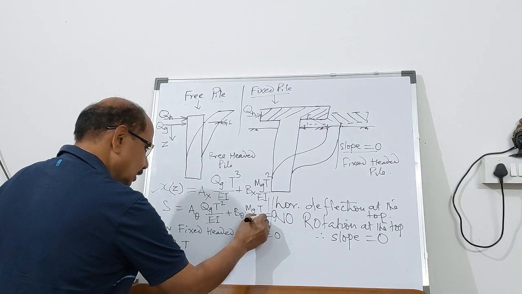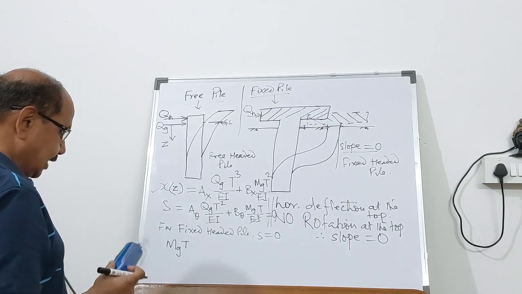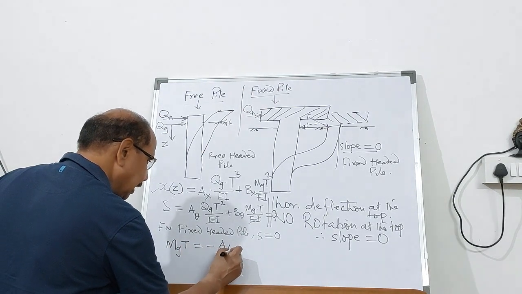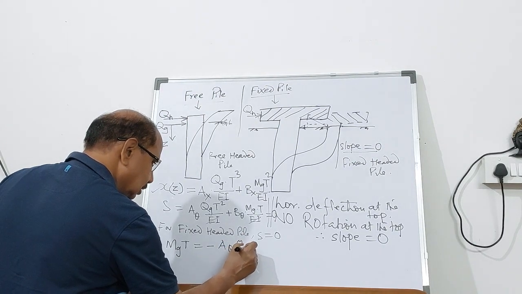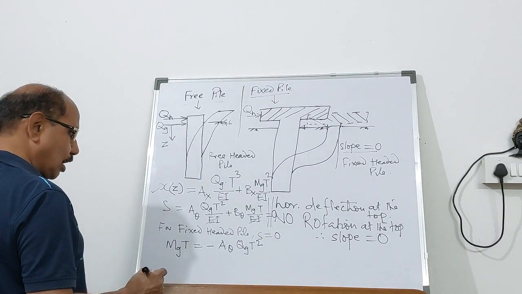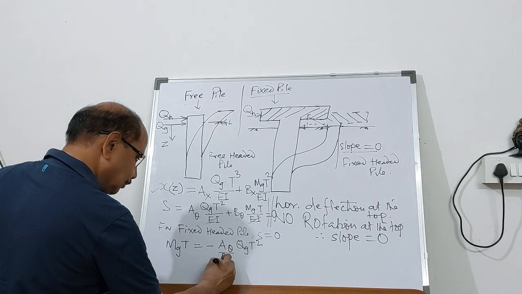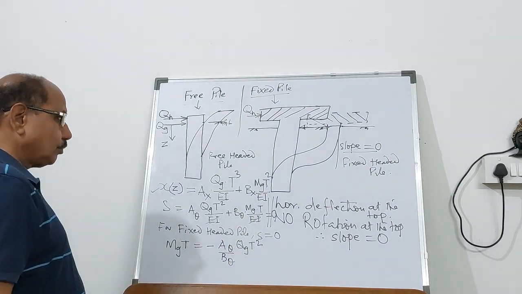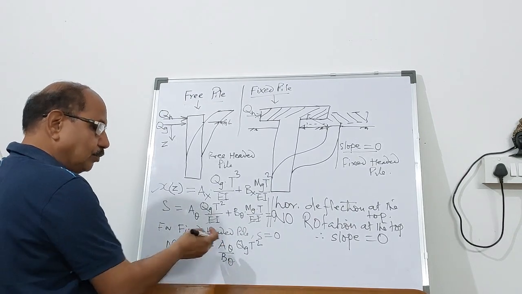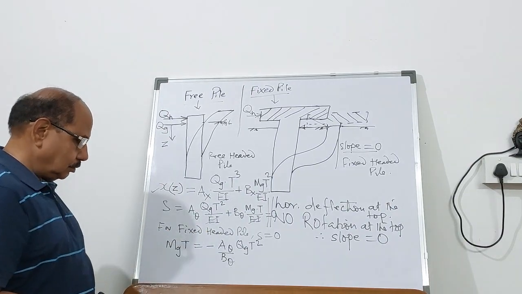So Mg into T equal to minus A theta Qg T square upon B theta. Now the value of A theta and B theta can be obtained from the chart given by Rees and Matlock or from the table.